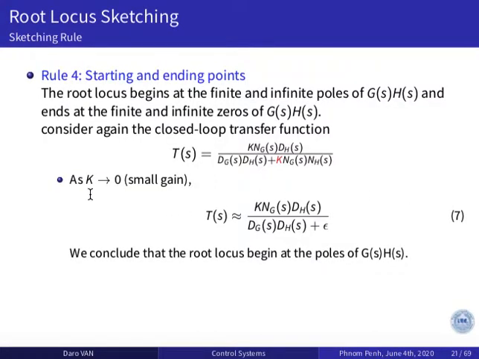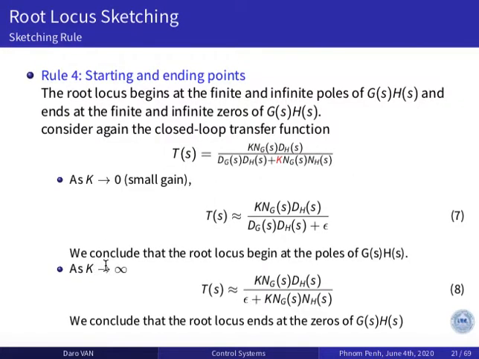If k approaches 0, it means small gain, so this term will be very small, and this D is the denominator of G(s)H(s). We conclude that the root locus begins at the poles of G(s)H(s), I mean the denominators, when k approaches 0.